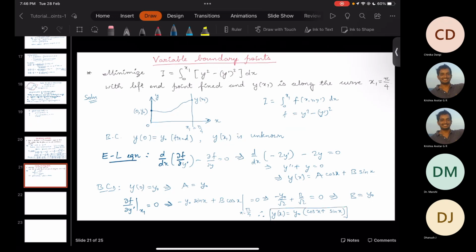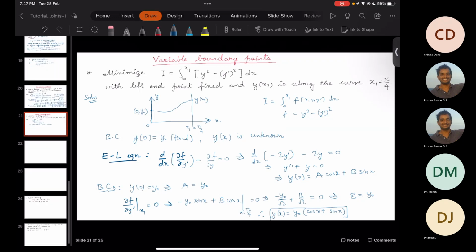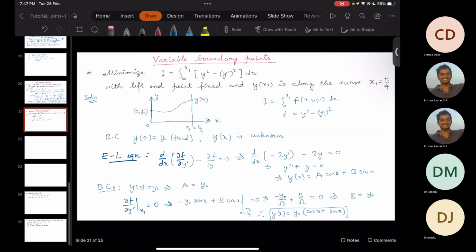So this is our solution to the problem. And say if y0 is 0, so if one end of the curve is located at the horizon, then y0 will be 0, and we'll get a trivial solution, which is y of x is equal to 0. Okay, now let's move on to solving the second problem.